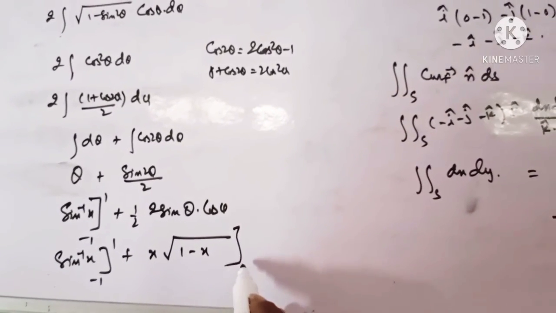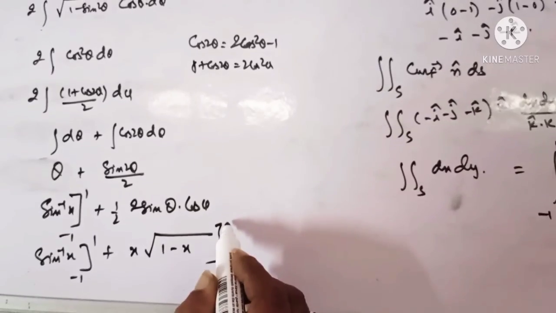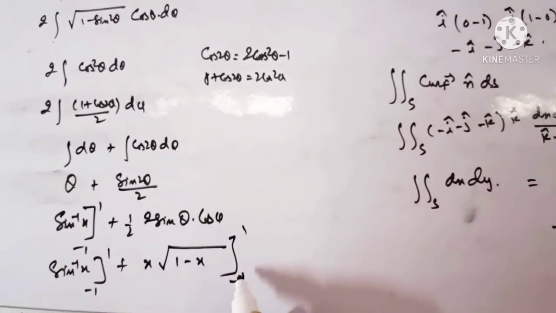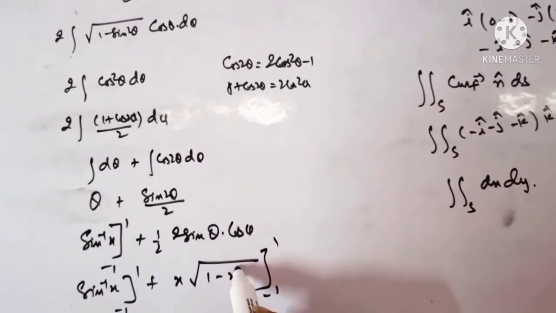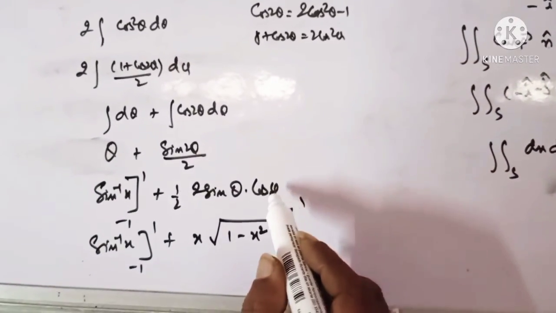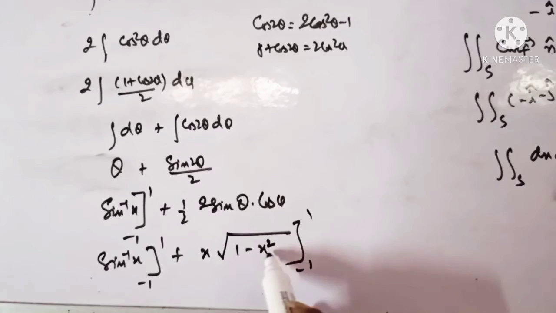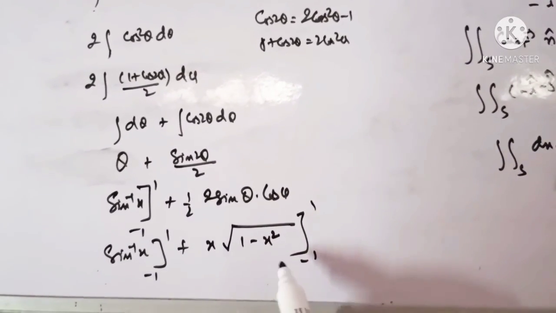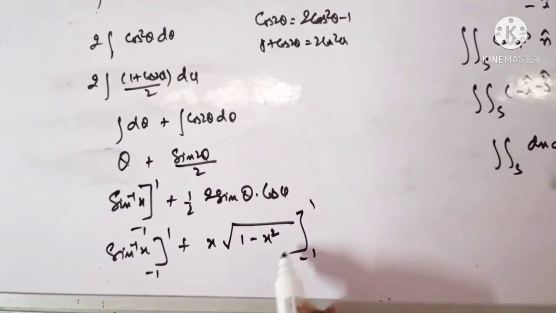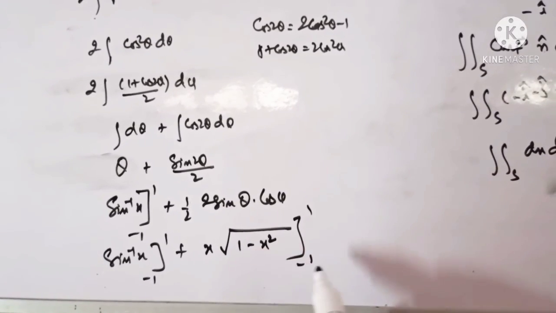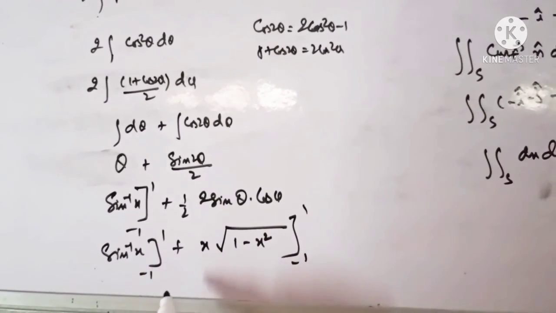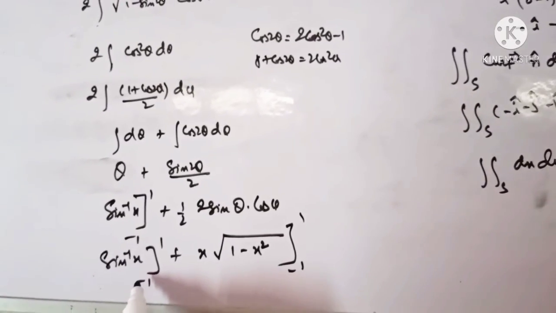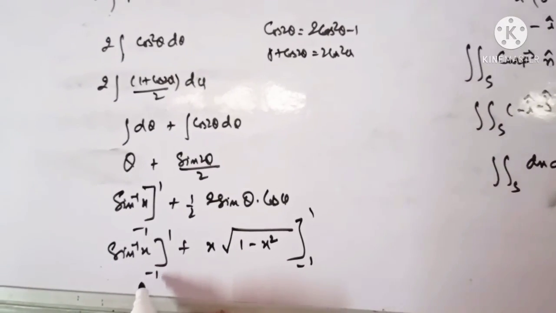Now we find that this part is 0 when you place the upper limit, and when you place the lower limit, this part is also 0.